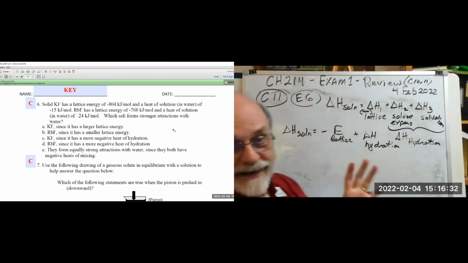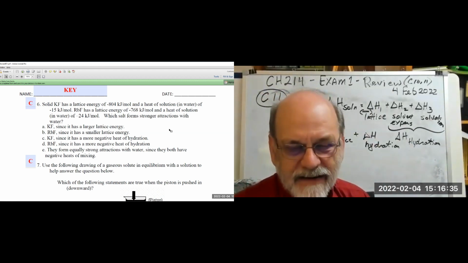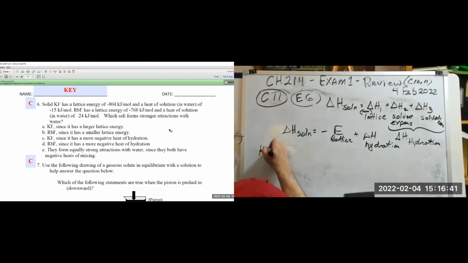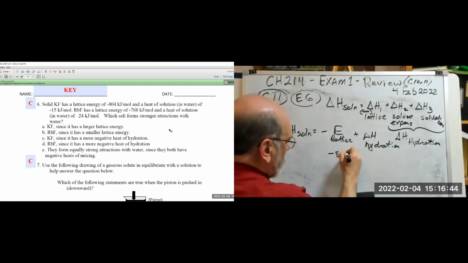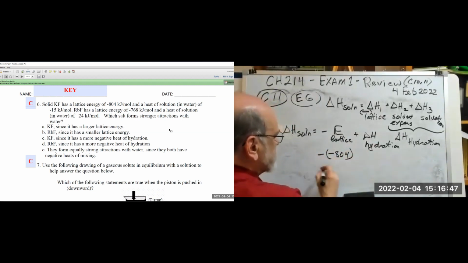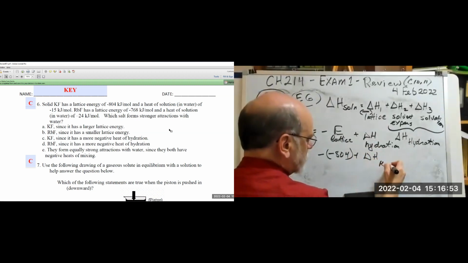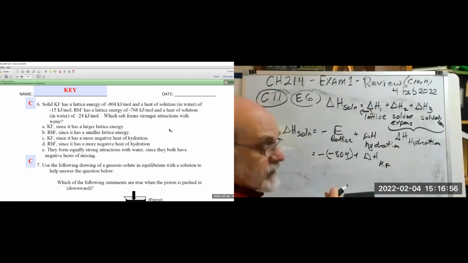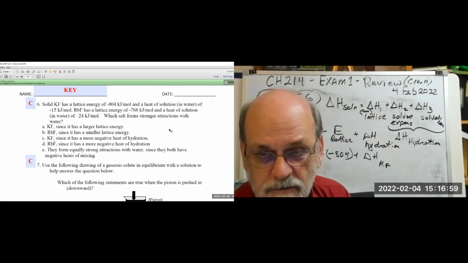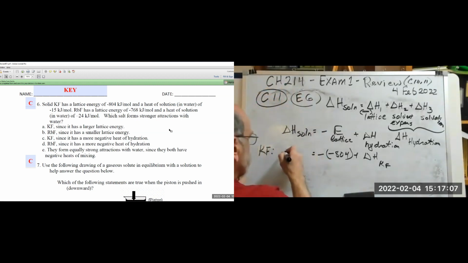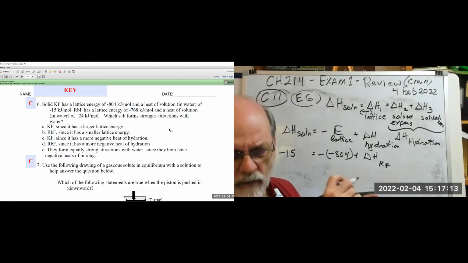Now, the values that were given: the lattice energy for KF is minus 804. So it's minus a minus 804 plus the delta H for KF, and that's equal to the heat of solution for KF, which is minus 15. Are they all kilojoules? Yeah, okay, apples and apples.